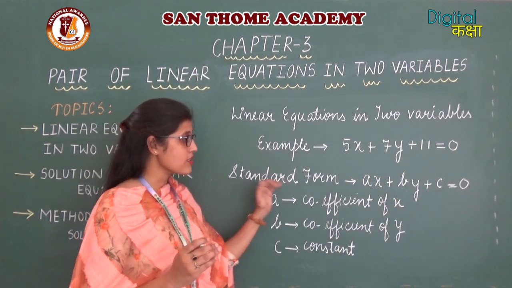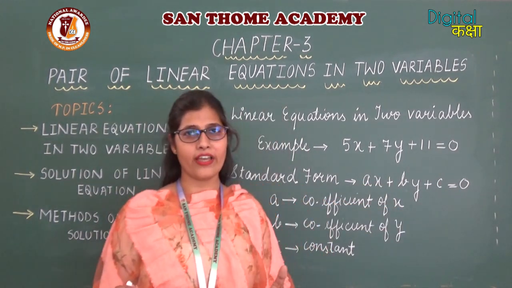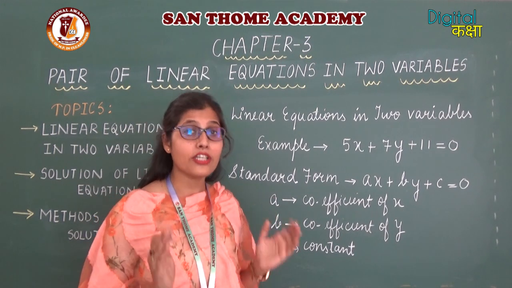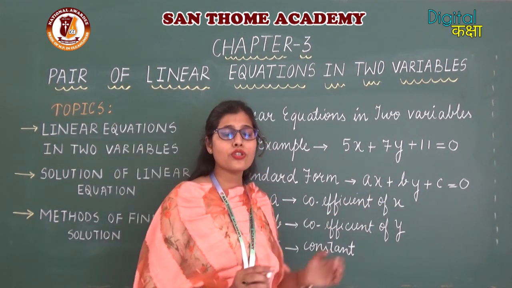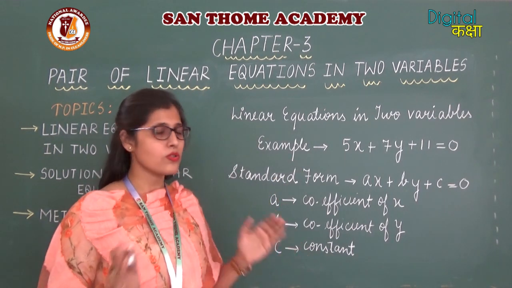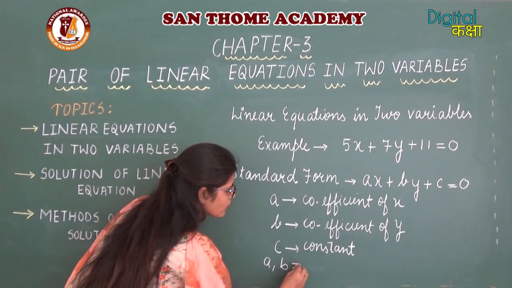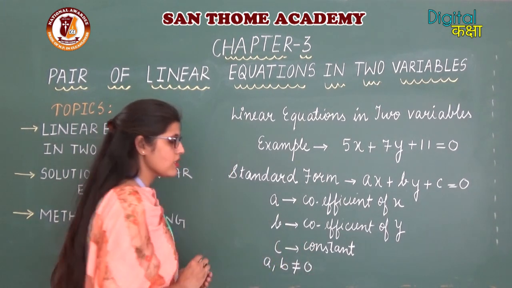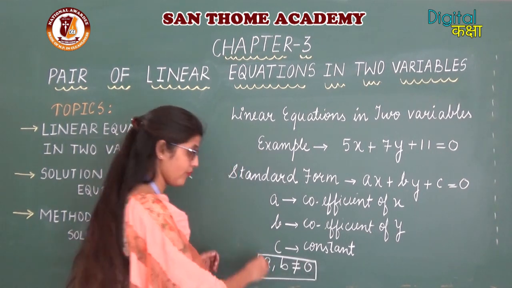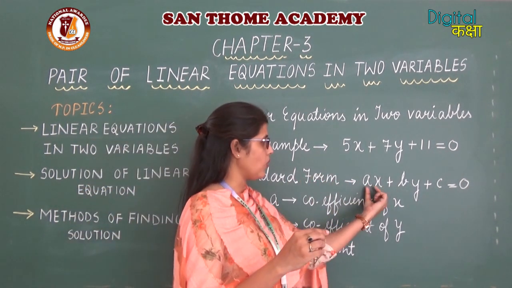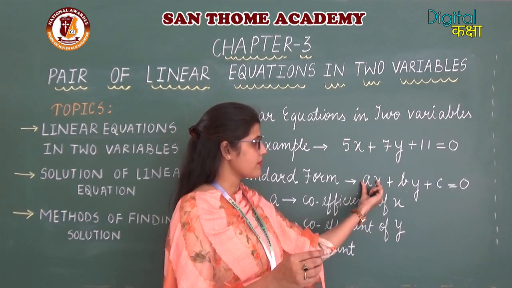Now for this to be a linear equation, it must satisfy a condition. The condition is that the values of a and b should never be equal to 0. This condition is very important. If a is equal to 0 and b becomes equal to 0, then this will be 0.